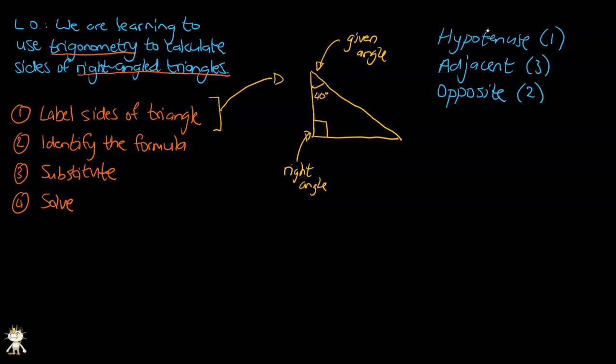So the hypotenuse is always opposite the right angle. The opposite is now what we're referring to. We're going to find the given angle, and we're going to go across. And that there is opposite the given angle.